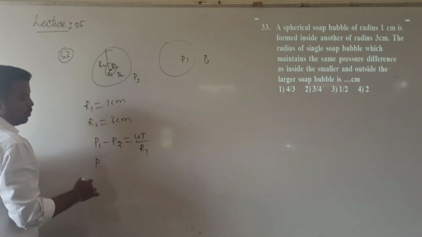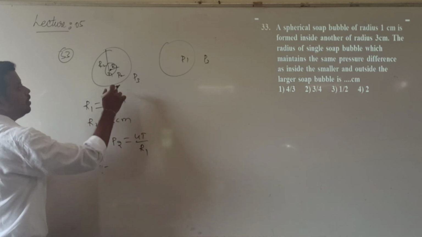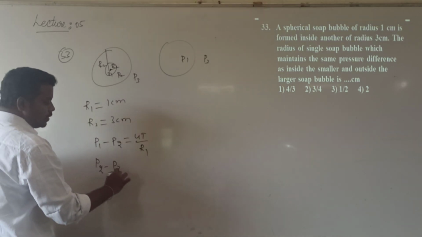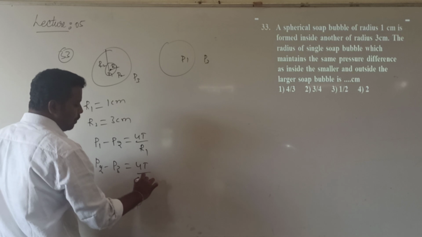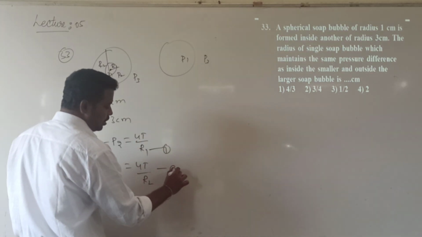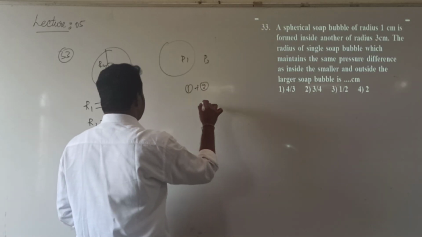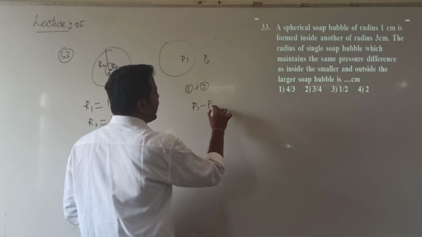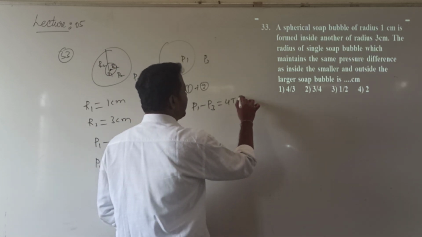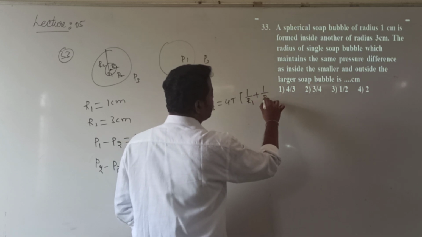Though we derived it, once again I am showing. Whereas for the larger bubble, P2 minus P3 is equal to 4 into T by R2. Add these two, equation 1 and equation 2. Adding equations 1 and 2, P1 minus P3 will be equal to 4 into T into 1 by R1 plus 1 by R2.